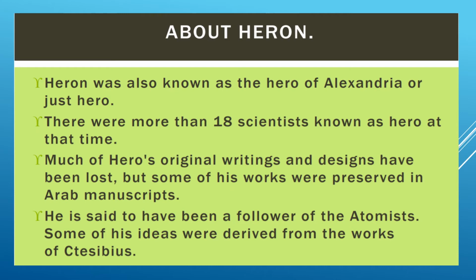About Heron. Heron was also known as Hero of Alexandria or just Hero. Okay, my children. There were more than 18 scientists known as Hero at that time. Much of Hero's original writings and designs have been lost, but some of his works were preserved in Arab manuscripts.